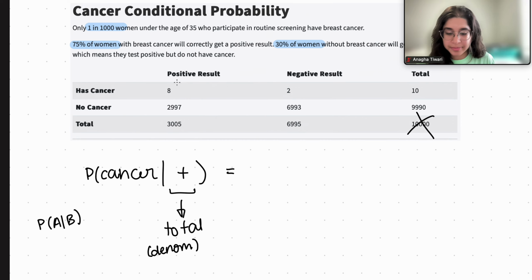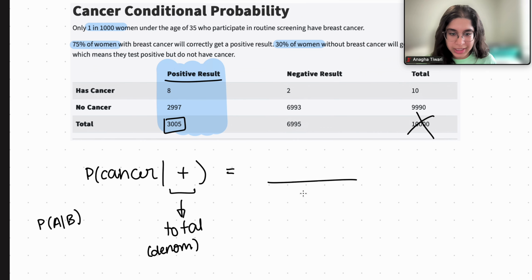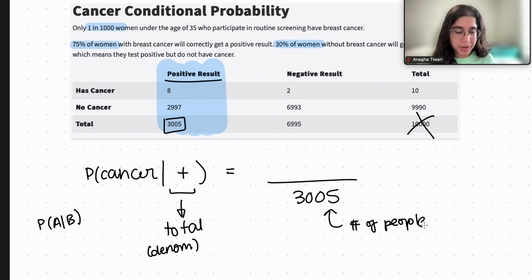We're looking at basically this column right here, where it's probability of cancer given positive. So out of all these people who had positive results, that's my denominator here, 3005. That's the total number of people who got these positive results, with a positive result. That's the subset of the population we're looking at.